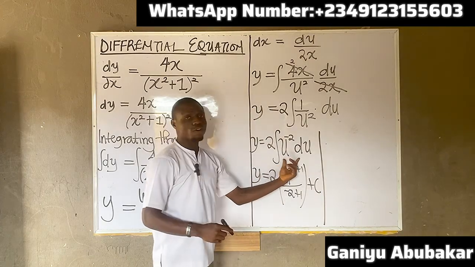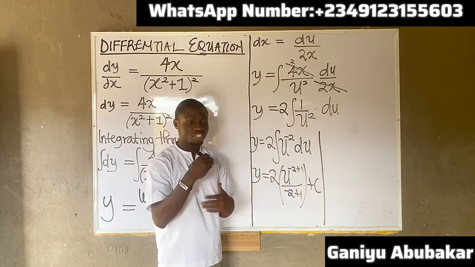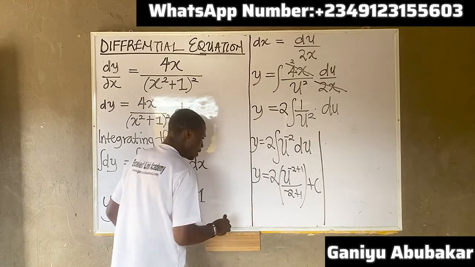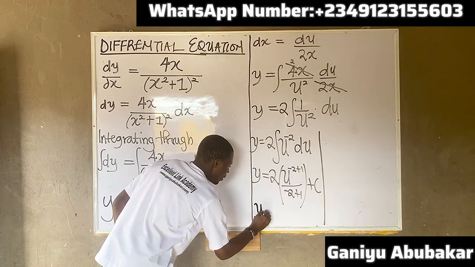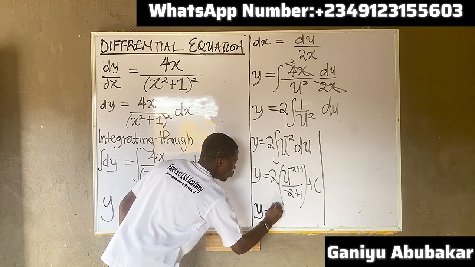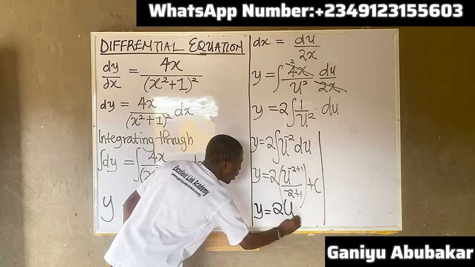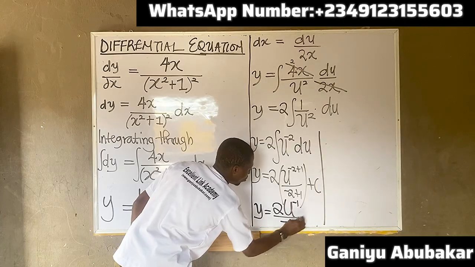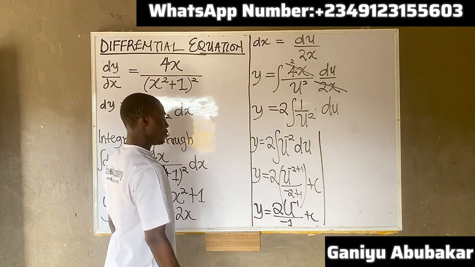This is the idea of the general method of integration. Right? I have this one here. This now gives you y equals 2 u to the power of minus 1 all over minus 1 plus c.